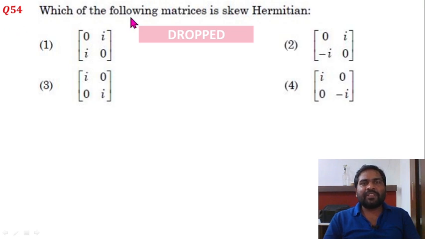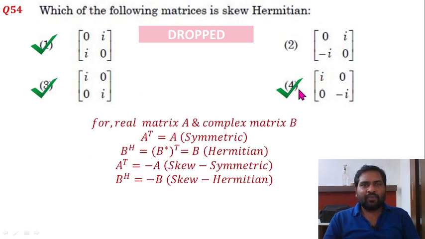Question 54. Which of the following matrices is skew Hermitian? This question was dropped because option 3 is going to be correct here. For a real matrix A, if A transpose is equal to A, then it is known as a symmetric matrix. Similarly, for a complex matrix B, when the conjugate transpose equals B, then it is Hermitian.